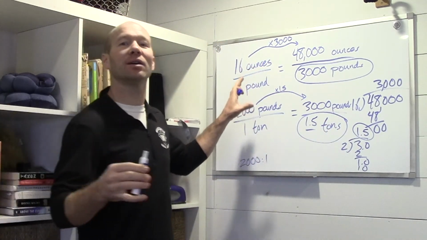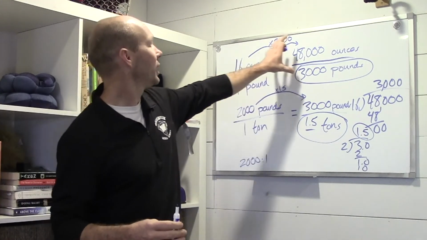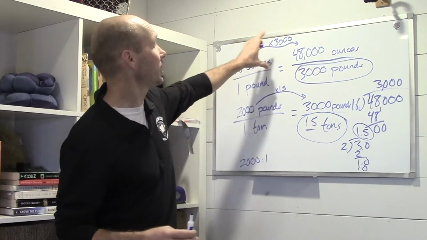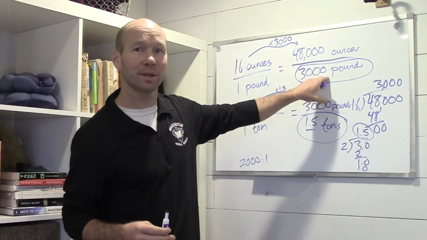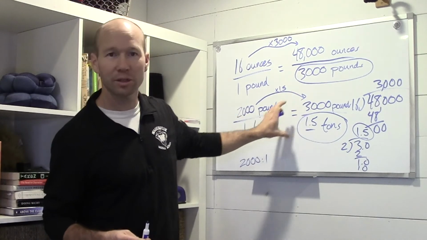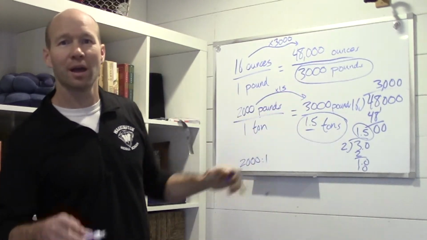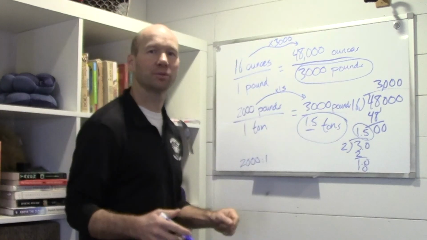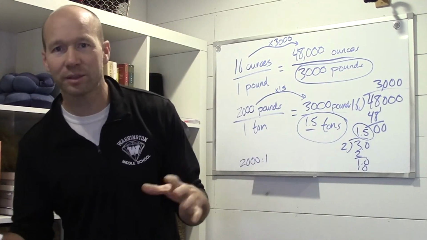So I can scale these fractions up and find my unit fraction to find out how many pounds, and then draw another one to find out how many pounds to how many tons. Go ahead and work on this at home, and great job this week. You've got a quiz that's a little different this week.